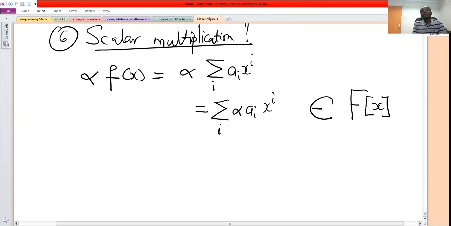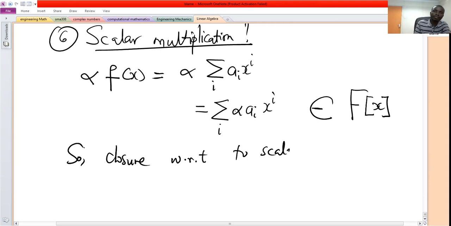So multiplying by coefficients of x^i doesn't change the structure of the polynomial. Therefore, closure with respect to scalar multiplication holds.